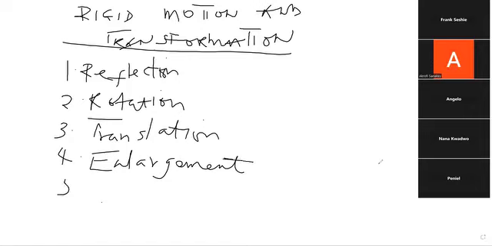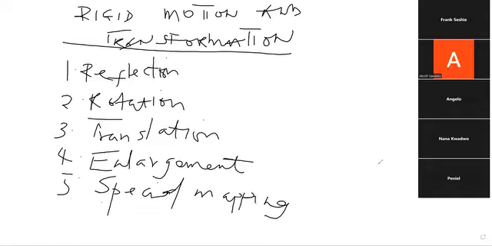Then you have some which is special mapping. And the truth is that the first four are all going to give you some form of mappings, but the last one is a special form of mapping. So we'll look at that very soon.